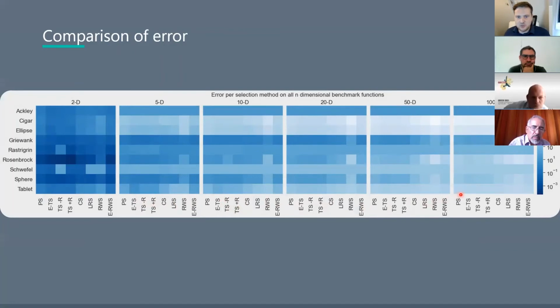It's less visible at the end, but there's still a clear pattern visible. This is in line with the results from the previous graph, that the tournament selection methods outperform, but we do see some significant differences, but the differences diminish as the dimensions increase as well.